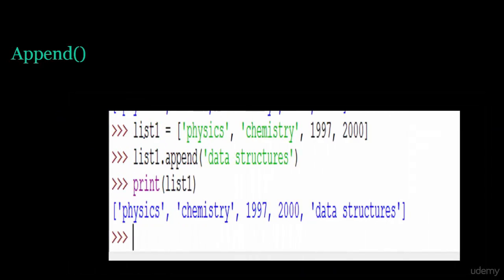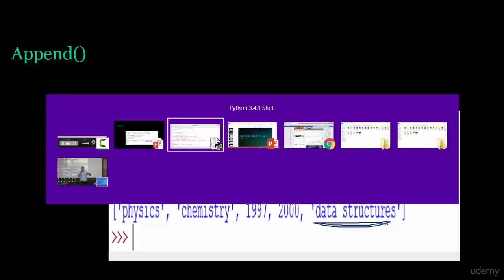The append method will take this value and put it at the end of our list. If we look here, list1.append data structure, it inserts data structure at the end of our list. Let's try this.